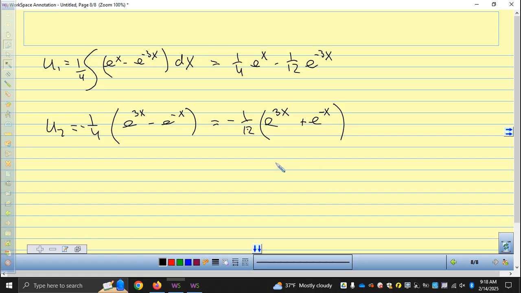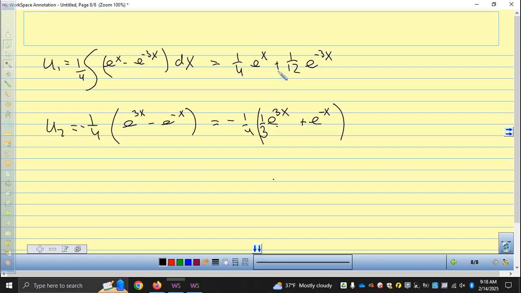Hang on, am I doing my integral correctly? It should be 1/12. Oh, I forgot my 1/3 here. I'm going to do it this way: e to the 3x, 1/3, 1/4, like that. On the top, I think you need a plus rather than a minus in your answer.